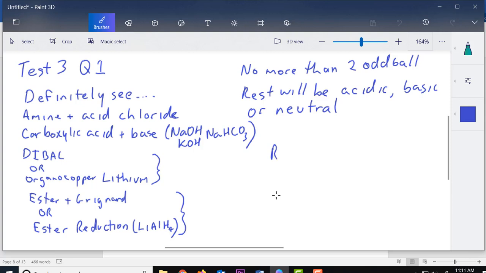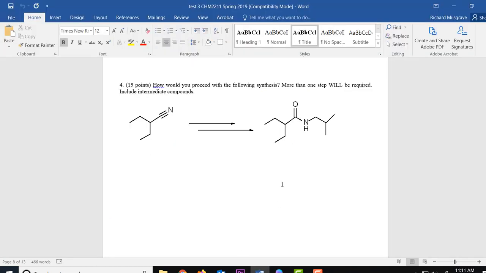So reactant, a reagent, an intermediate, and another reactant to give a product. So you can expect that kind of layout for it, and again you can use reactions in question 1 to answer that question.